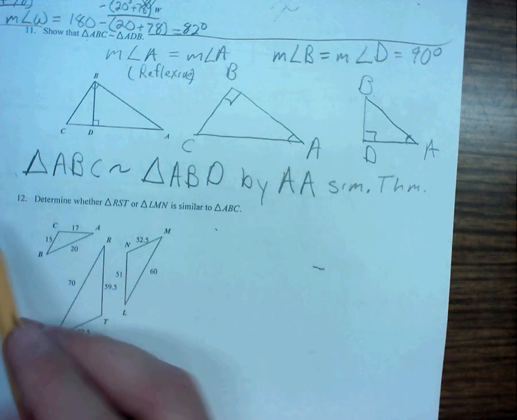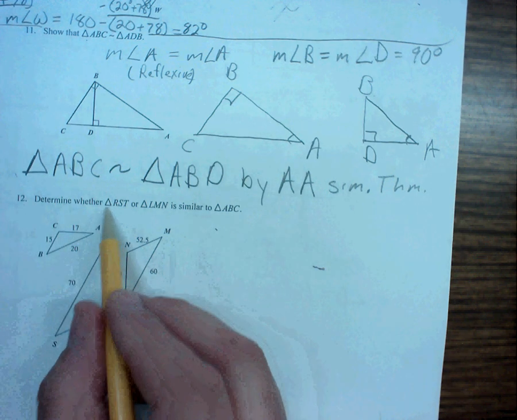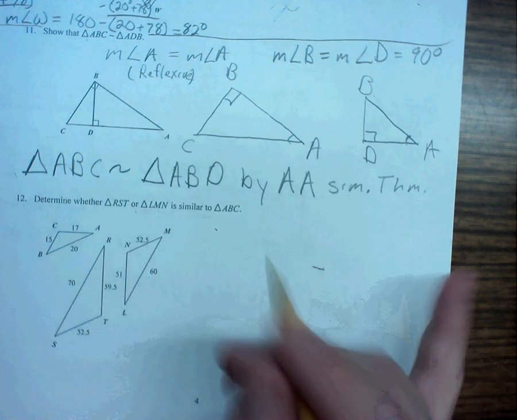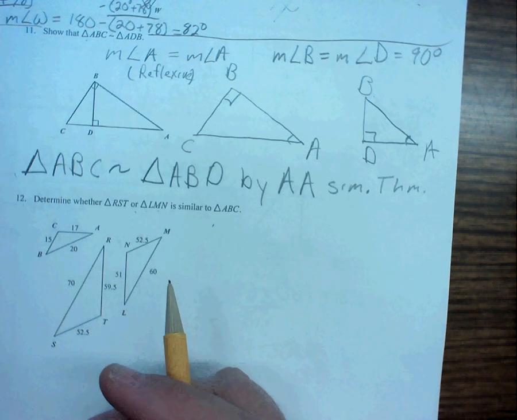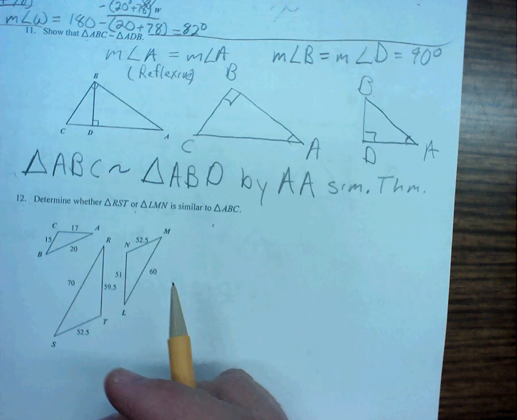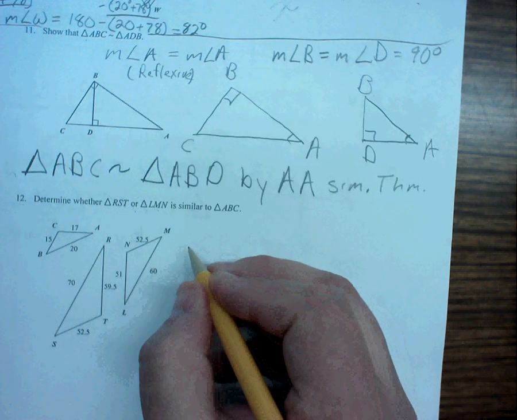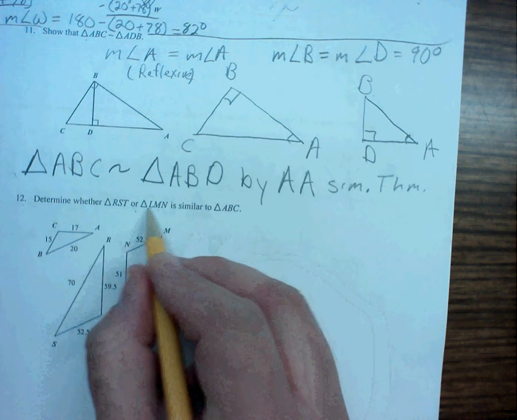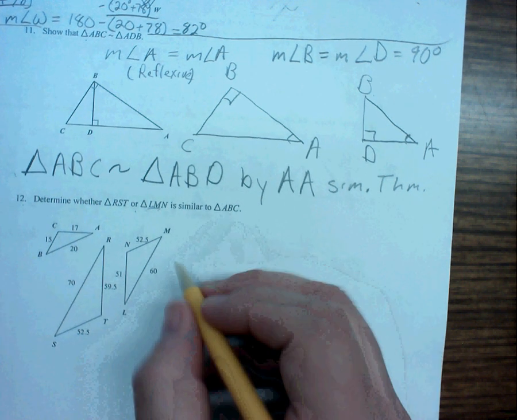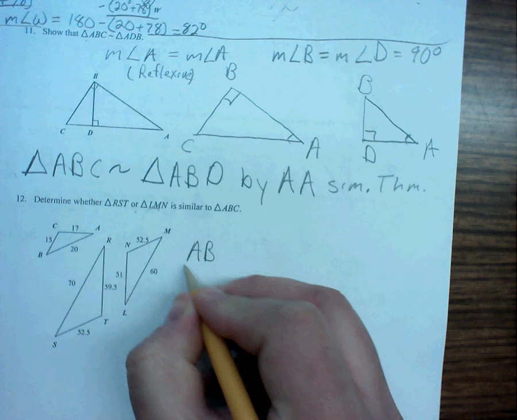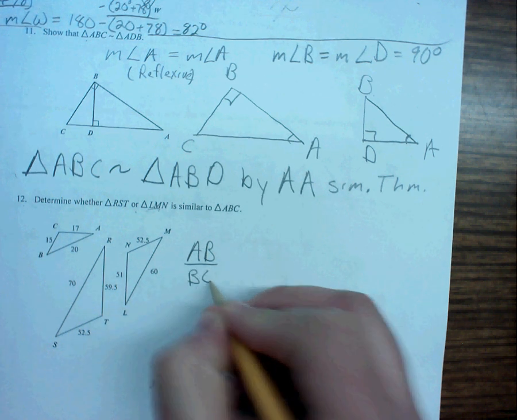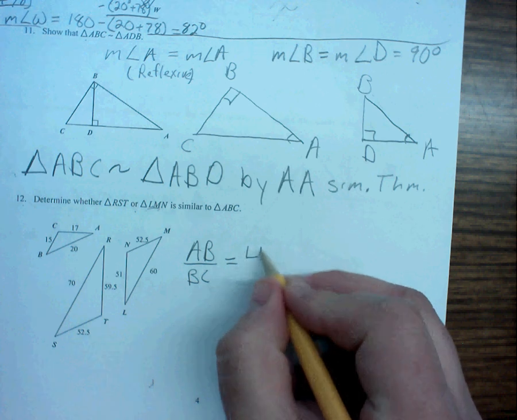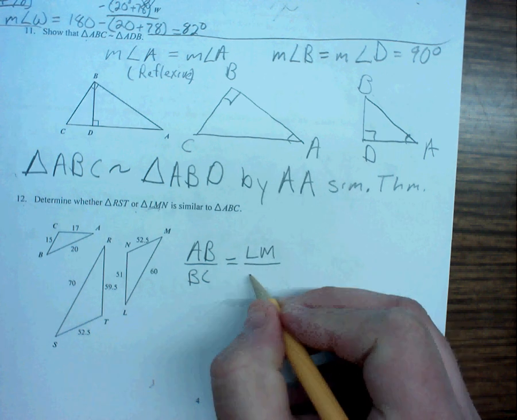Now for number 12, it says determine whether triangle RST or triangle LMN is similar to ABC. So we've got to do the proportions and cross multiply, and they should be equal to each other. So I'm going to say AB over BC is equal to LM over MN.